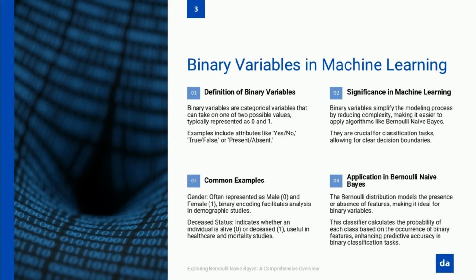Fever, yes or no. Cough, yes or no. Shortness of breath, yes or no. The AI doesn't ask how bad the fever is, how long the cough has lasted, or whether the patient looks particularly unwell. It just sees a series of binary decisions. It's like flipping switches, on or off, 1 or 0. The more switches flipped in a particular pattern, the stronger the probability of a certain diagnosis.